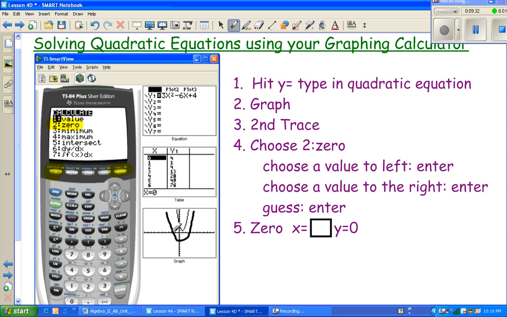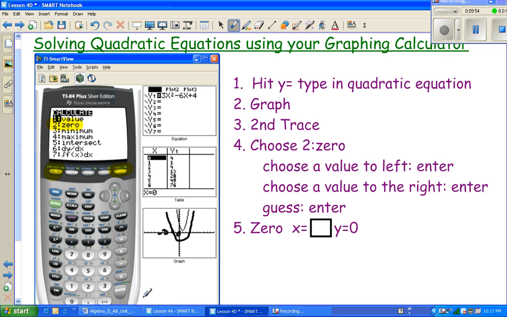So let's say you were looking for this zero right here. You would want to choose a number back over here, like maybe negative 3. And you'll hit enter. And then it'll ask you to choose a right bound. So this zero is between negative 3 and 0. So you'll hit 0 and hit enter.